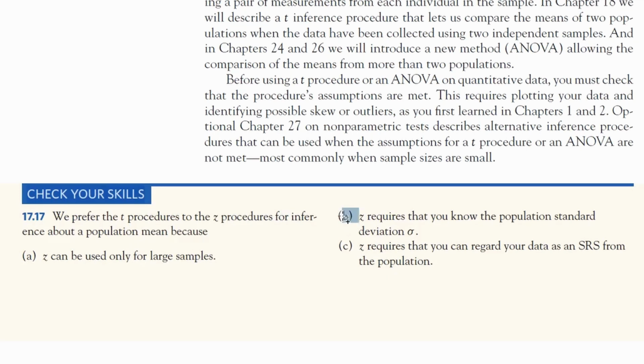B, Z requires that you know the population standard deviation, sigma. C, Z requires that you can regard your data as an SRS from the population. What's the right answer here? Why do we prefer the T procedures over the Z procedures?